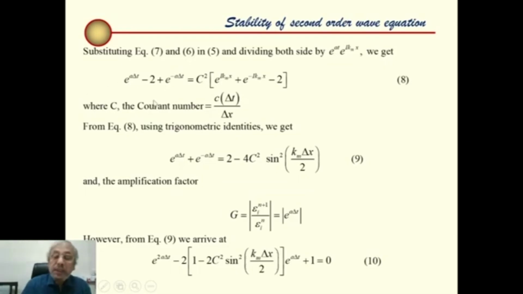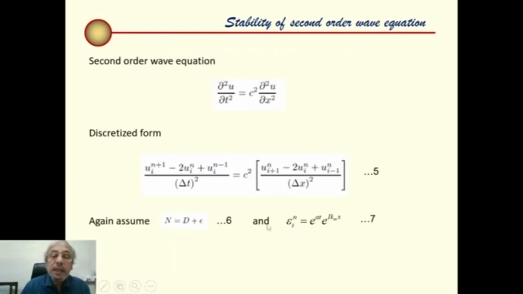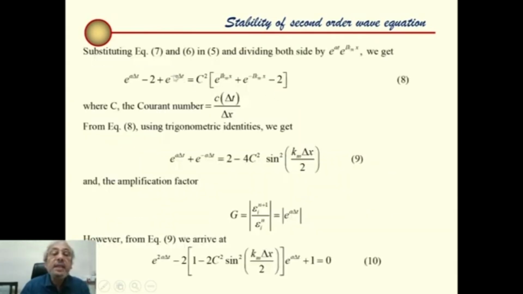Now that means basically 6 and 7 substituted in 5, and then again we do some algebraic operation and we get this equation: e to the power a delta t minus 2 plus e to the power minus a delta t equal to c square times e to the power I kmx plus e to the power minus I kmx minus 2.